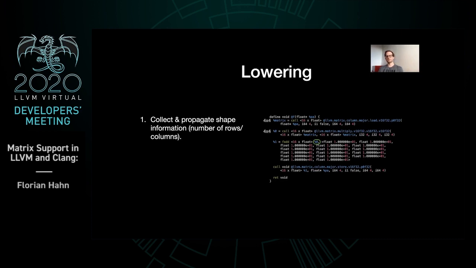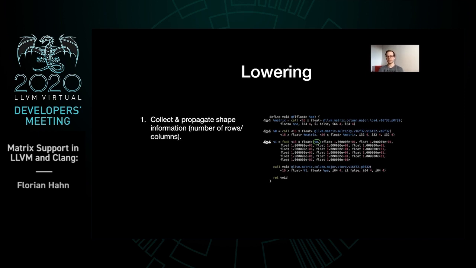Next, we visit the fadd instruction. The fadd instruction doesn't directly have any shape information, but it operates on an argument that has shape information that we found earlier. So we know the value 0 is a 4x4 matrix, and hence the result of the fadd will be another 4x4 matrix.